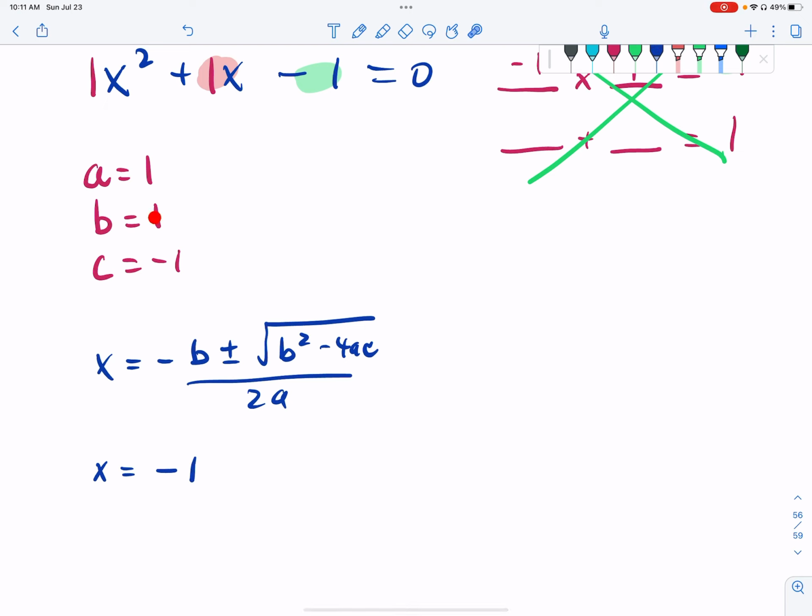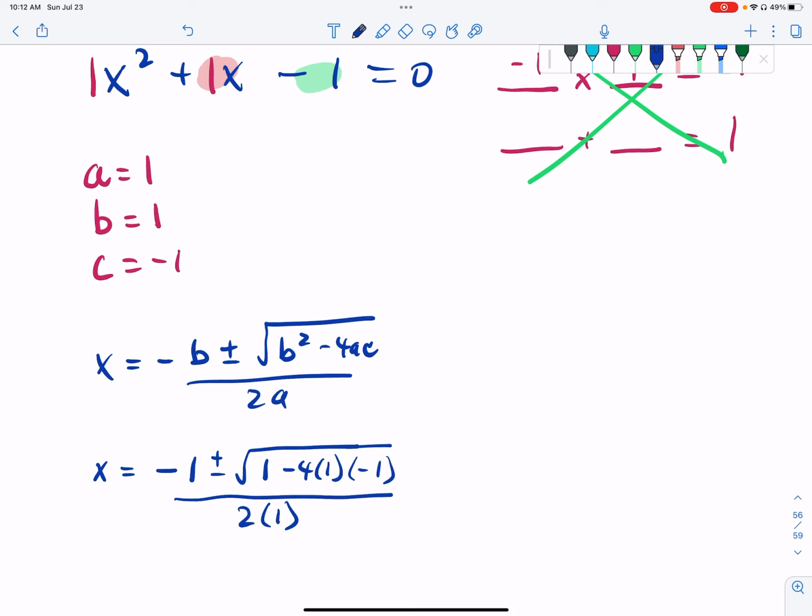My b value is already 1. This is asking me to negate it or take the opposite of it. Plus or minus the square root of b squared, so 1 squared is 1, minus 4 times a, 1, times c, -1. All of this over 2 times my a value of 1.